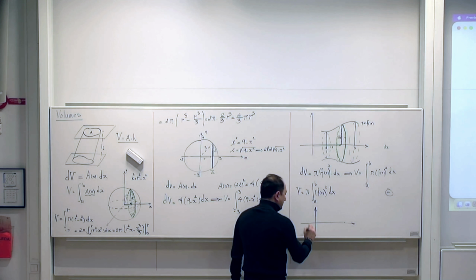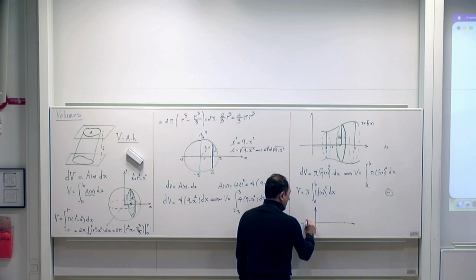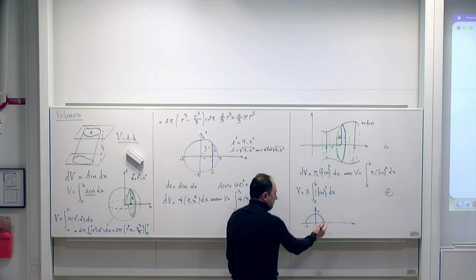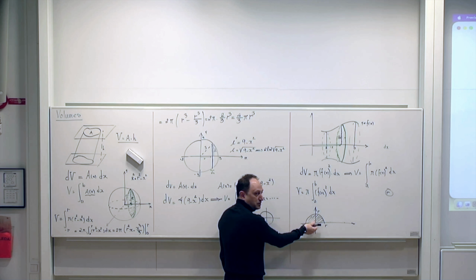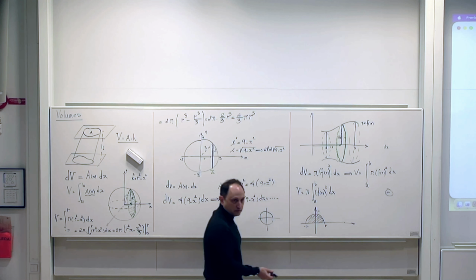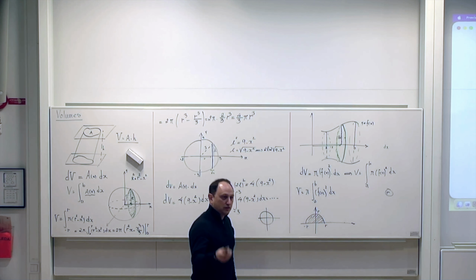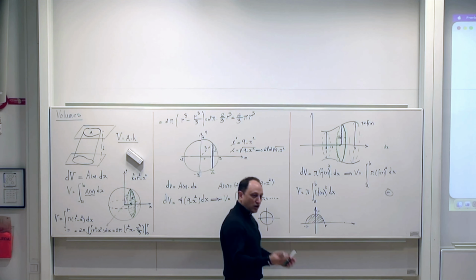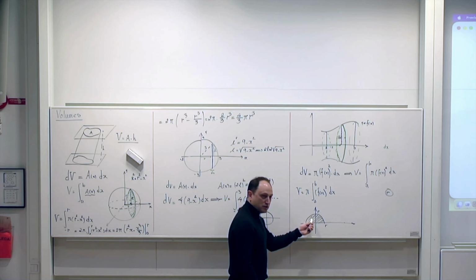And that is very simple. The semicircle from minus r to r, and this is also r. Do you agree that if I rotate this region about the x-axis, I will generate a sphere with radius r? So I can say that the sphere of radius r is the solid of revolution after this is rotated.